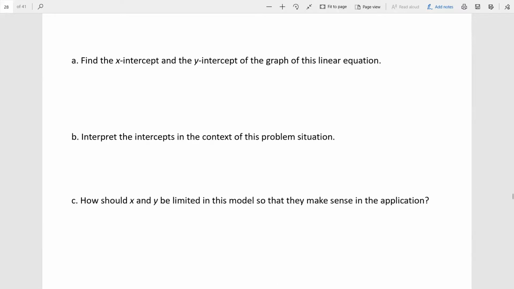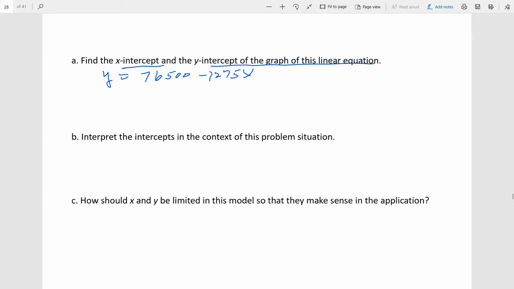Okay, so we want to find the x-intercept and the y-intercept of the graph of the linear equation. That's right, y equals 76,500 minus 1275x.